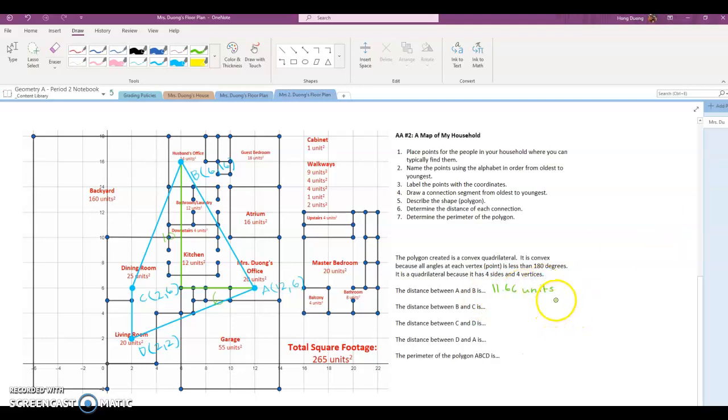To write this in mathematical symbols, we do AB is equal to 11.66. The segment with endpoints A and B is equal to 11.66 units.